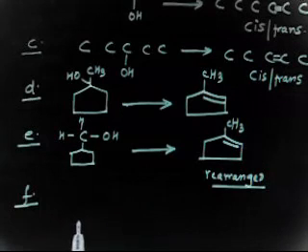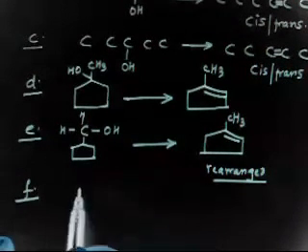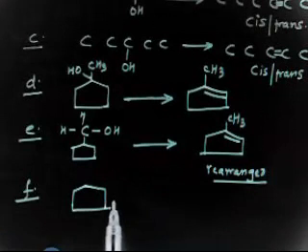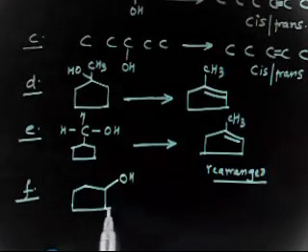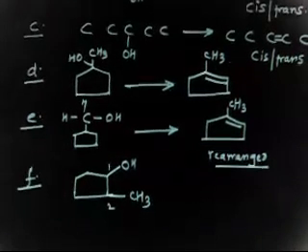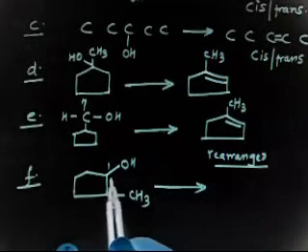Now let us say F. In this case you have 2-methyl cyclopentanol. So you have a cyclopentanol, and at position number 2 you have a methyl group. So let us say this is 1, this is position number 2. So this is 2-methyl cyclopentanol. Once again, if you do dehydration, you will have plus.